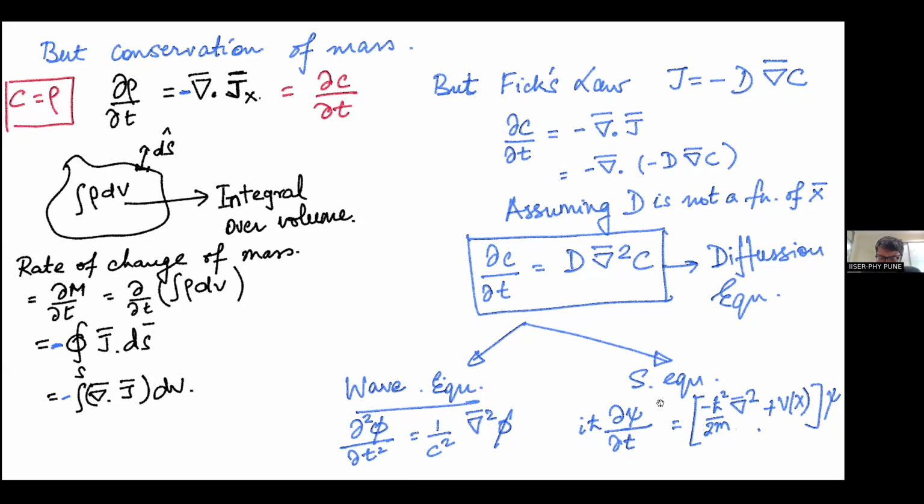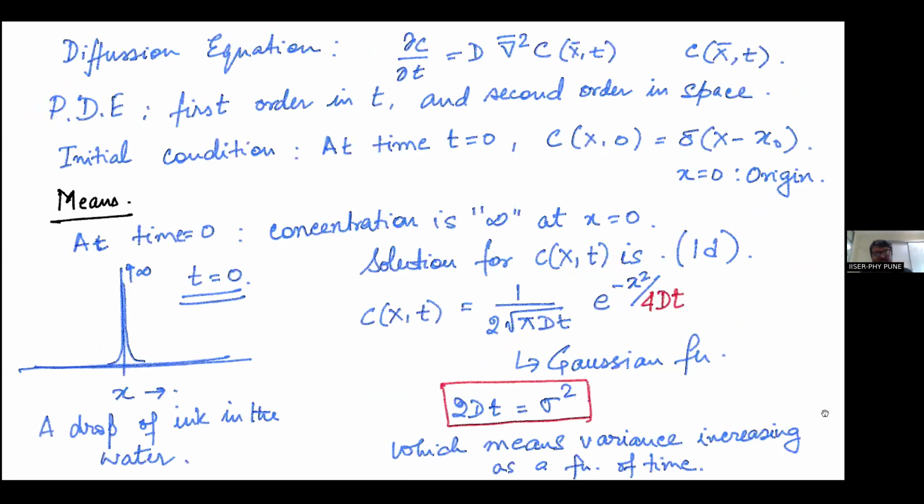Remember the Schrodinger equation? That equation is a single derivative in time and a double derivative in space, plus V(x) and other combinations, right? So I've just written down different equations which you most commonly come across in physics so that you note the number of derivatives in space and time. But today we are discussing the diffusion equation.